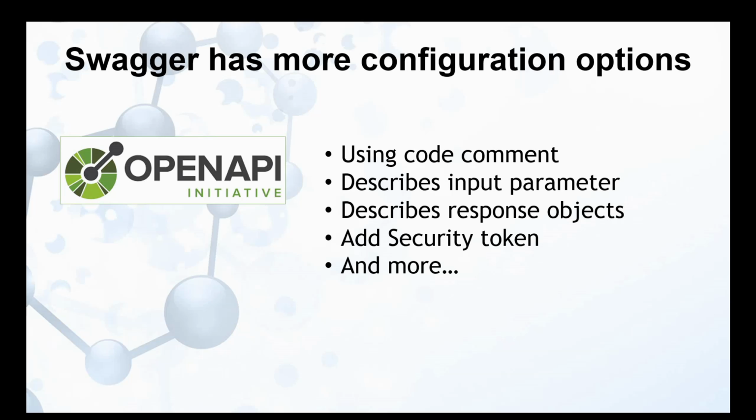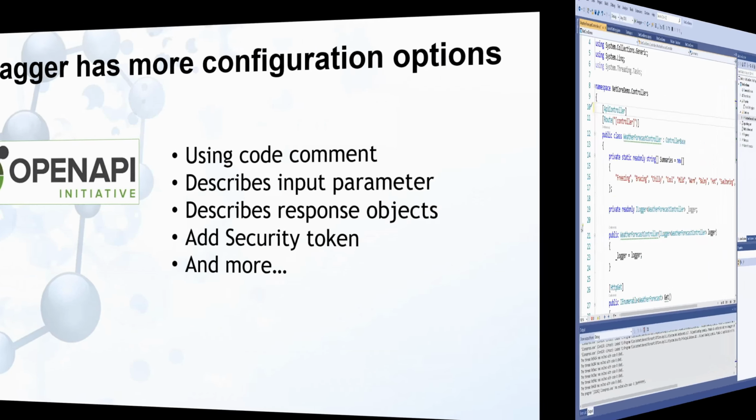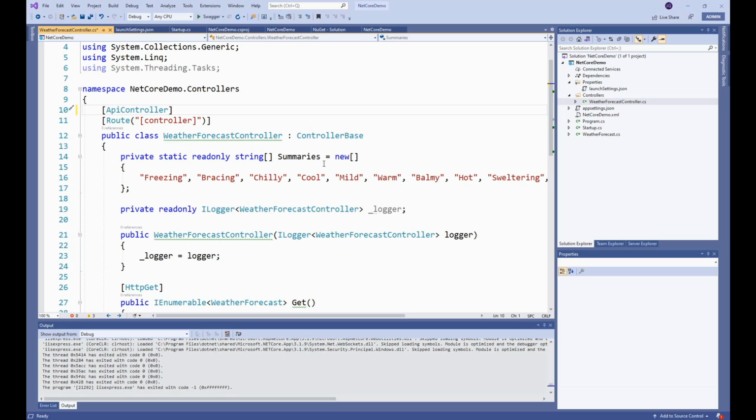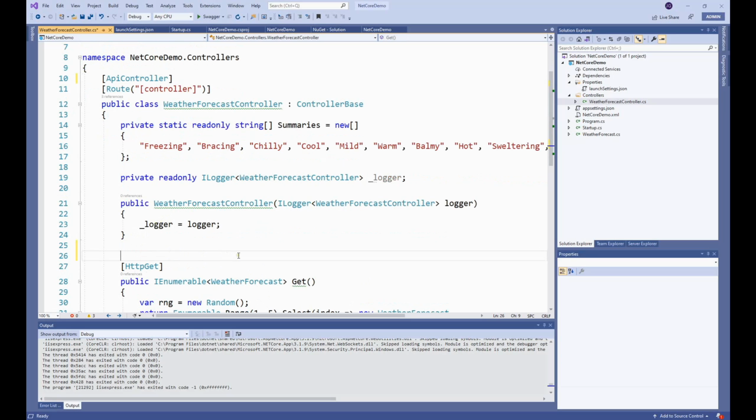The generated JSON file also allows us to automatically create proxy code to use the API. Let's only illustrate the use of the XML documentation of the code and how to add the return object to the documentation. Swagger has many features that we don't see here, and only one of them is the comments that you put here in the method.